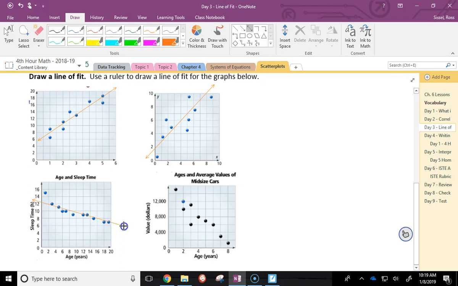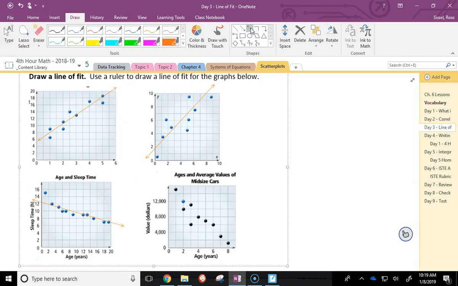And all the dots... Okay. More like this one. This one would be very close to being almost a curved line. And if it's a curved line, it means it's nonlinear. Would we have a line of best fit? No, that's what nonlinear would mean.